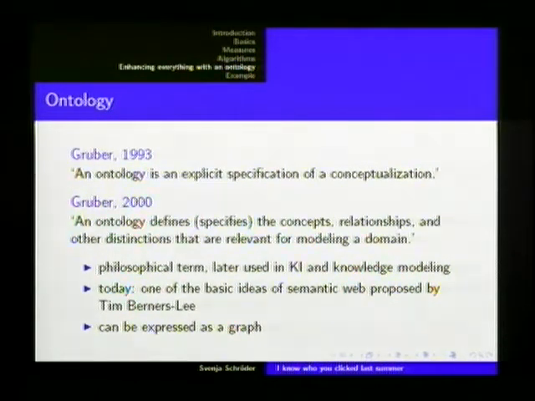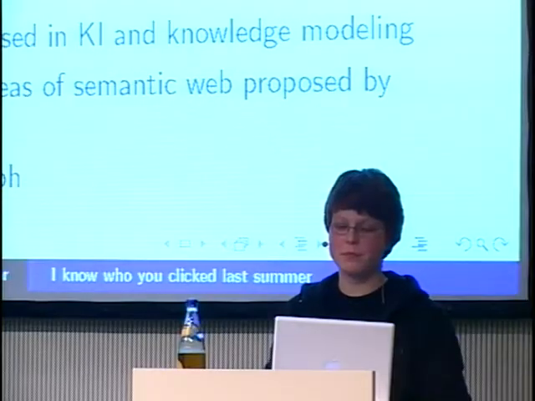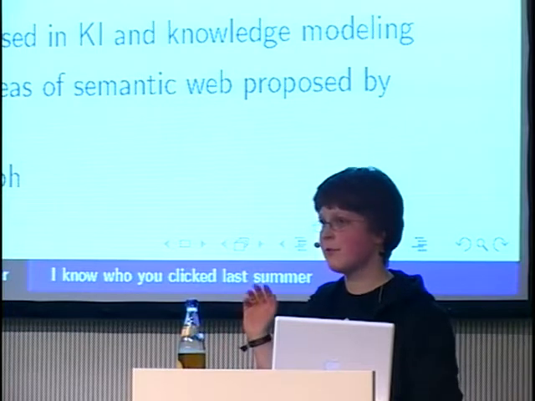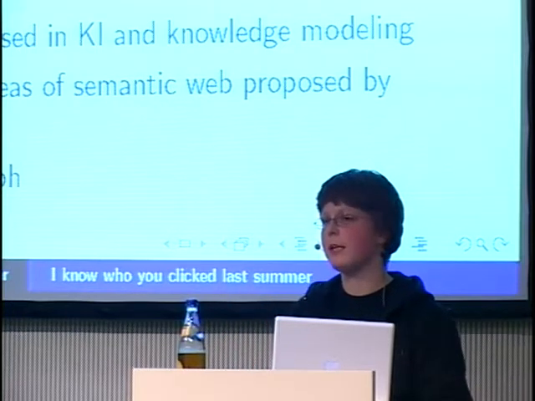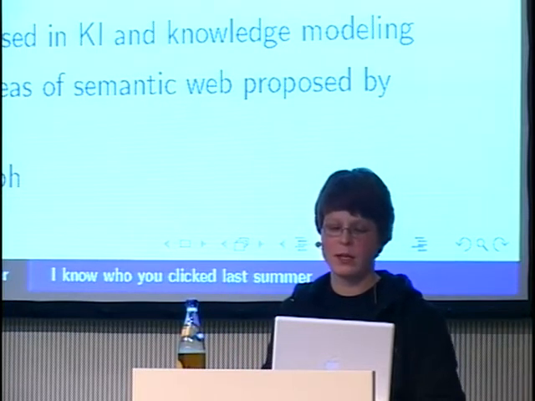Later on, he wrote a better explanation: an ontology defines or specifies the concepts, relationships, and other distinctions that are relevant for modeling a domain. So if you want to model a domain from everyday life, you could do this by specifying an ontology. It's really this abstract, because you could really model everything as an ontology.